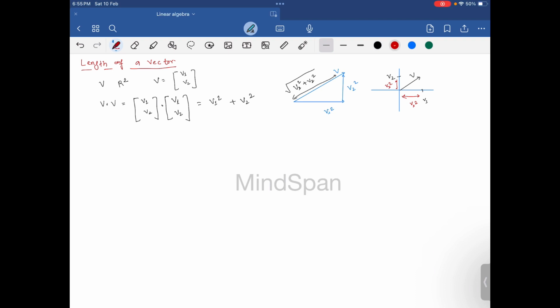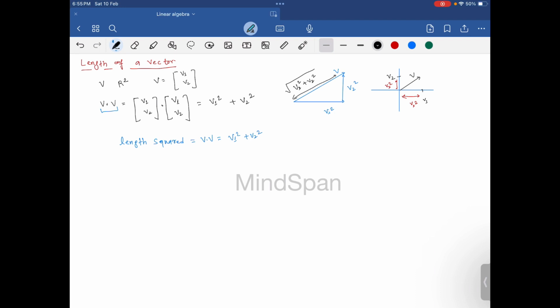So if we take the dot with itself, what we get is the length squared. So we can say that the length squared is equal to v dot v, which is equal to v1 square plus v2 square.